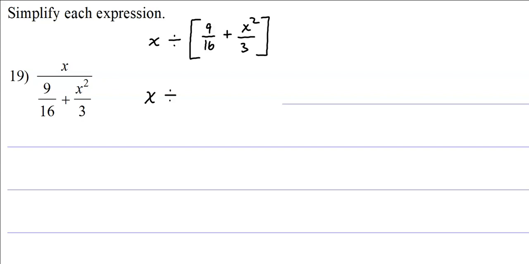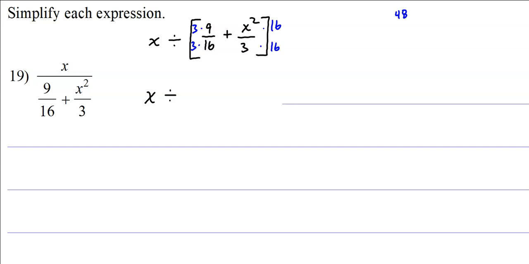So 16 and 3, the least common multiple between those two, I believe, is 48. So I'm going to try to make my bottoms both be 48, which basically means I got to multiply this side by the 16, and I got to multiply this side by the 3.